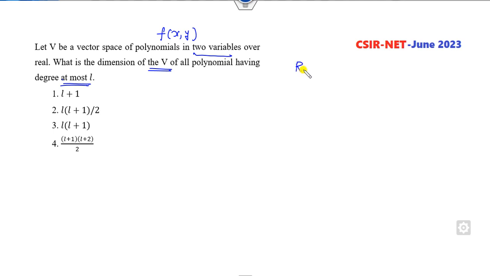Firstly, I can tell you a simple shortcut trick based on which you can find the dimension of polynomials of degree at most n. The general formula will be n plus number of variables choose number of variables.